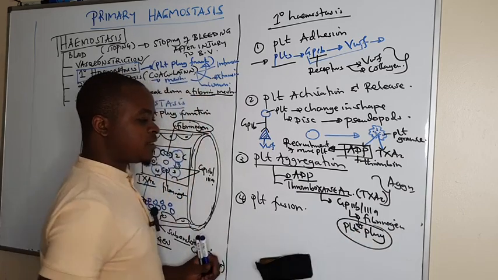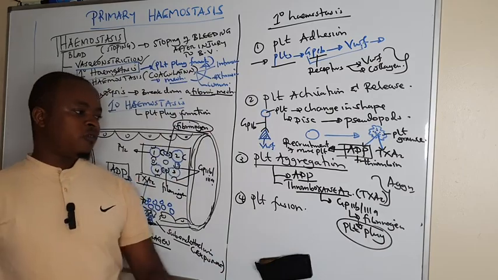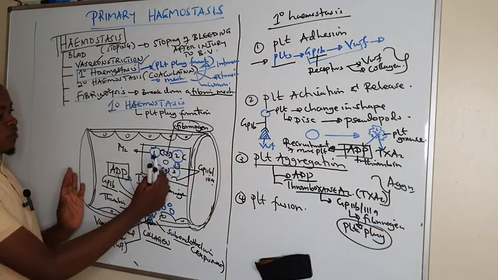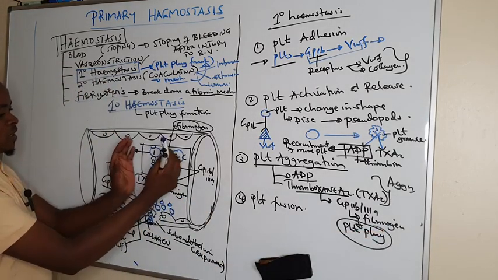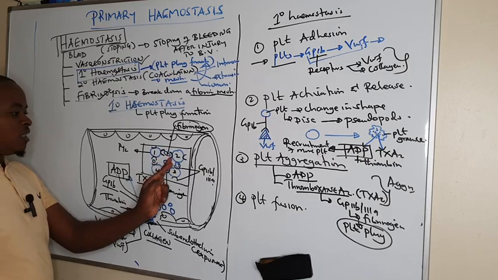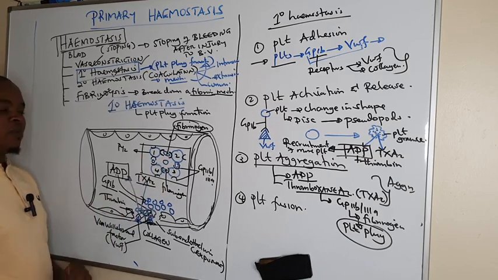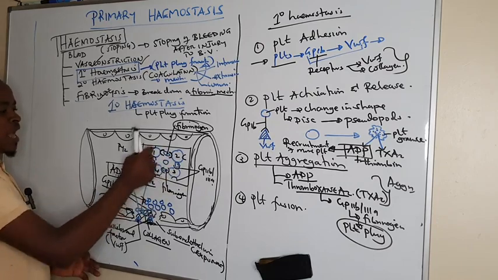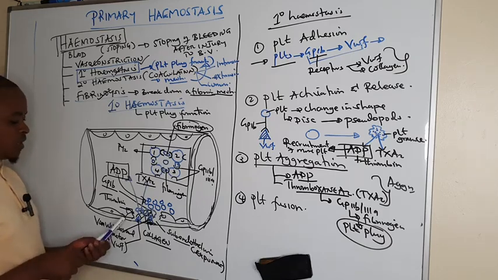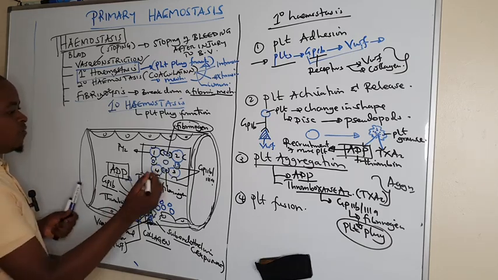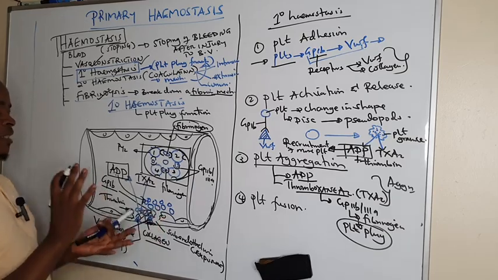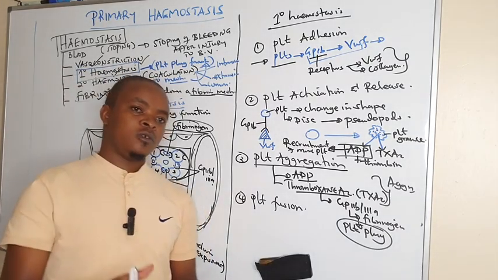So the platelet plug is formed by the action of glycoprotein 2B/3A together with fibrinogen, where fibrinogen in the middle enables attachment of one platelet to the other. So many platelets are able to aggregate together to form what we are calling a platelet plug. So this is the platelet plug formed at the injured site, and is going to stop blood from oozing out of the injured site.